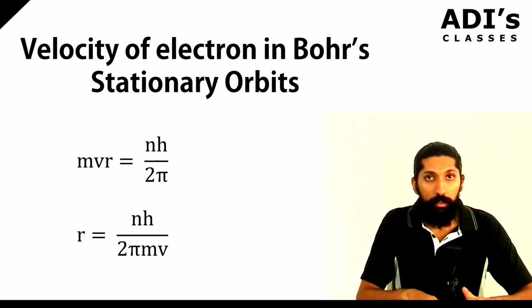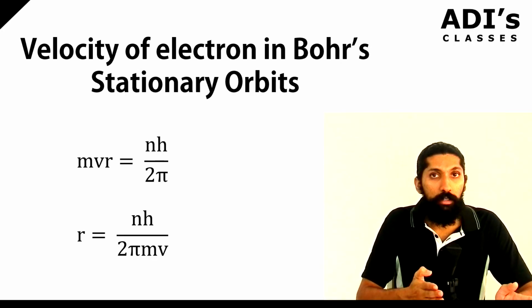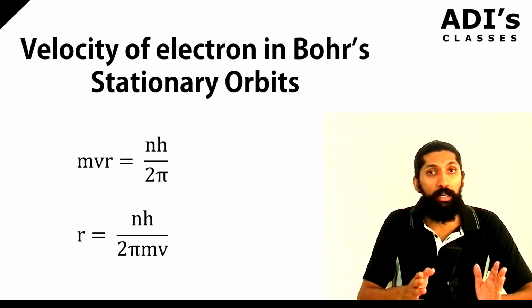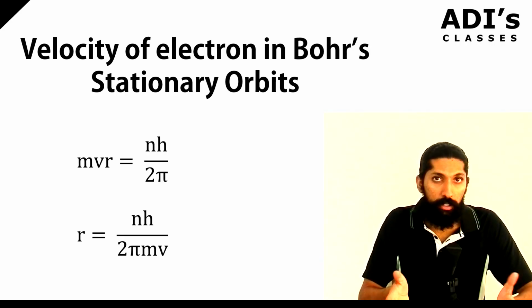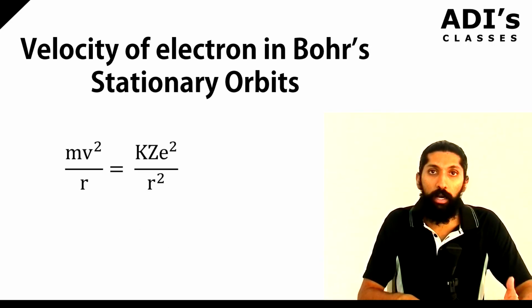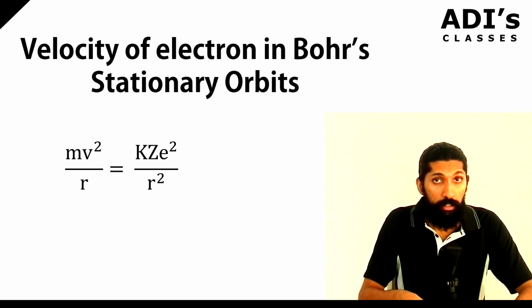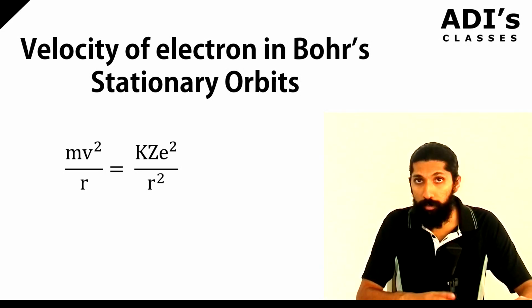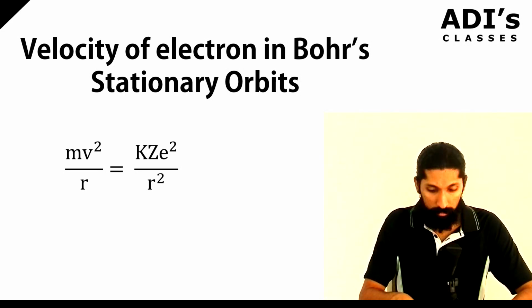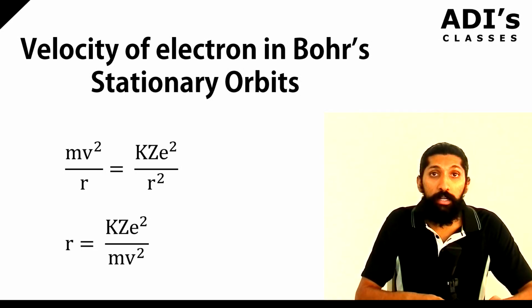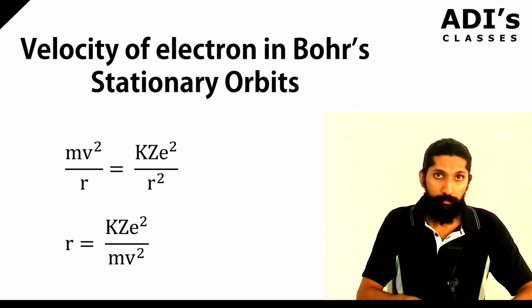Then we again take the centripetal force and the electrostatic force of attraction: mv square by r is equal to k Ze square divided by r square. One r gets cancelled, and r is equal to k into Ze square divided by mv square.